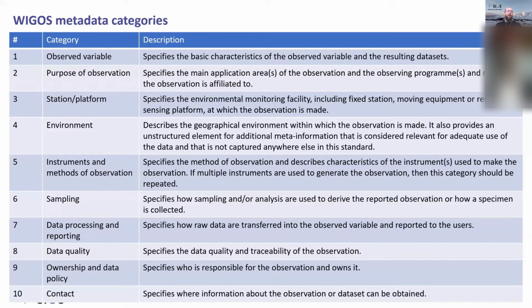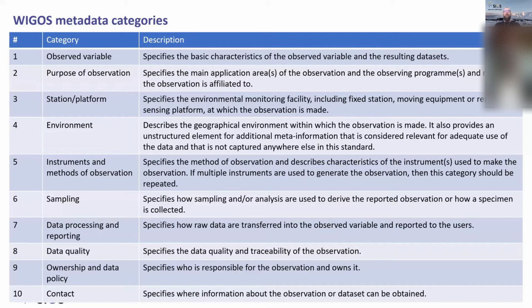We have observed variables, purpose of the observation, station platform, which we'll come back to, environment, instruments and methods of observations, sampling, data processing and reporting, data quality, ownership and data policy, also licenses, and contact. And none of them are mandatory, and in the observation facility, we have a light version of that.